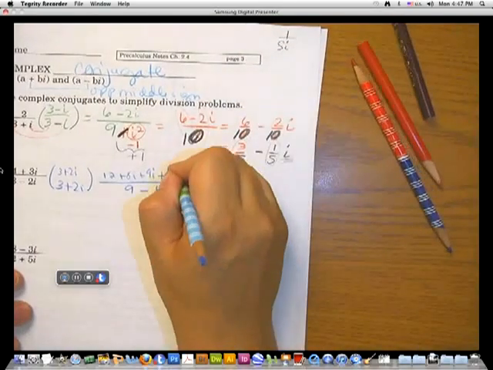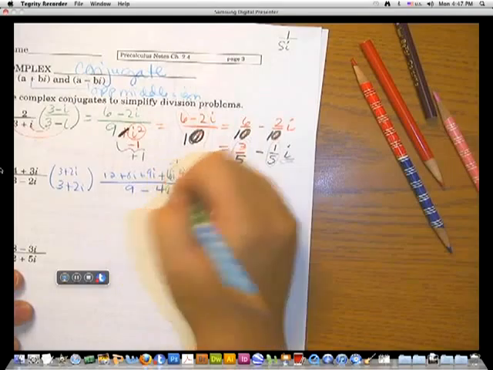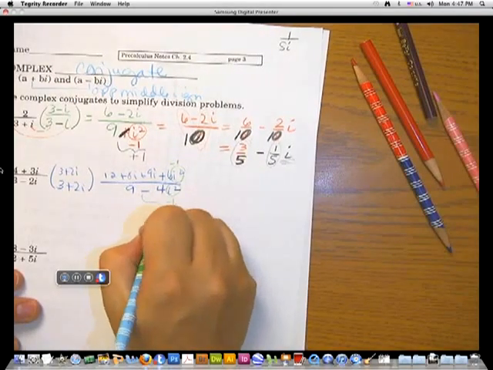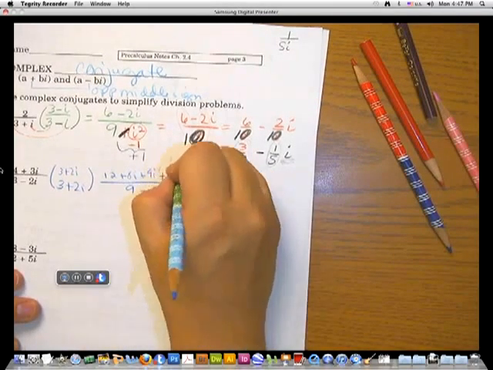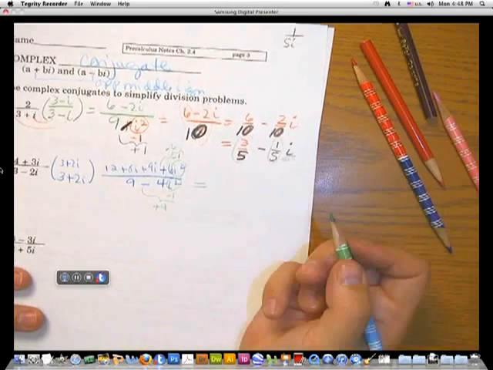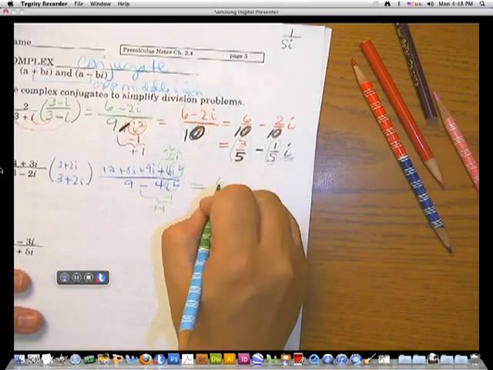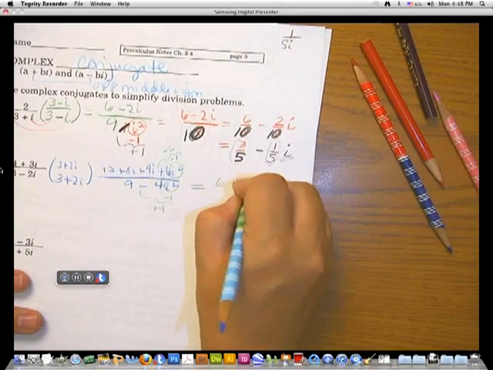All my i squareds become negative 1, so that this combines to a positive 4, and this combines to a negative 6. So when I simplify the 12 and negative 6, I get 6 plus 17i.